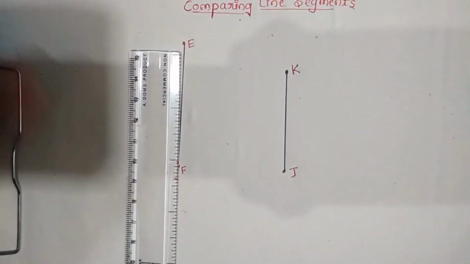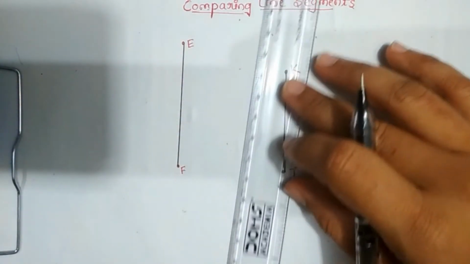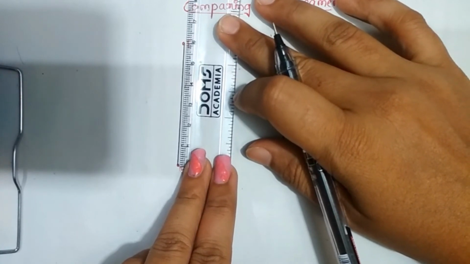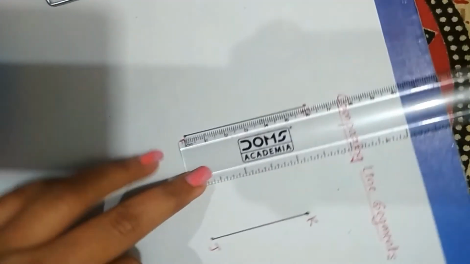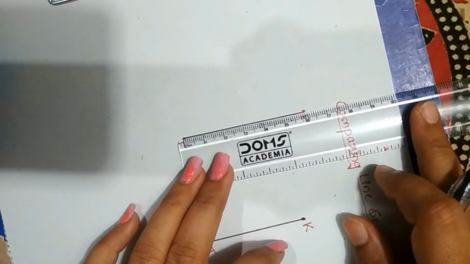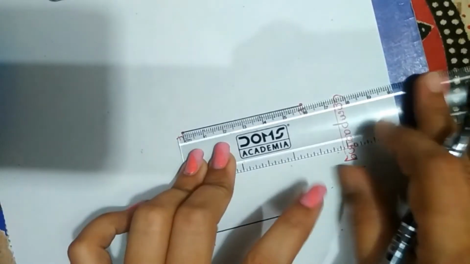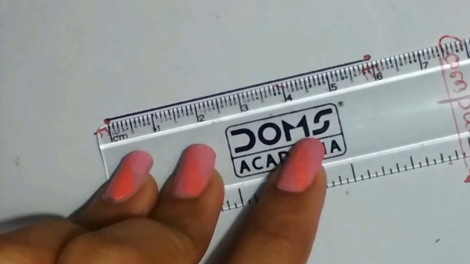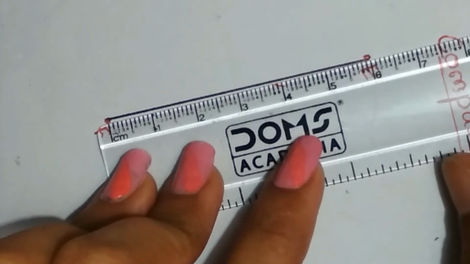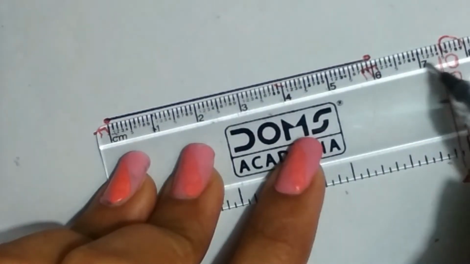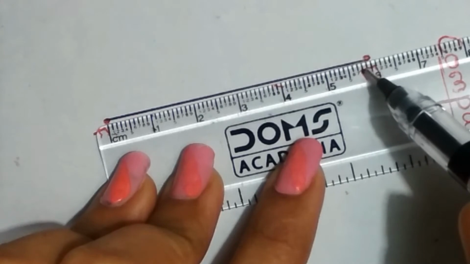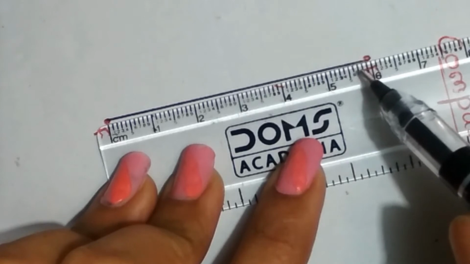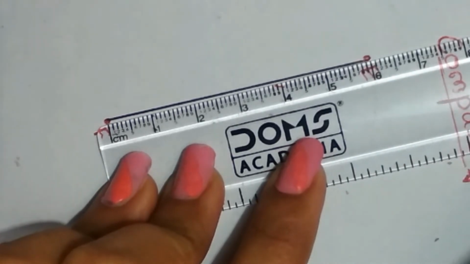As we already learned how to measure the line segments, we will measure those line segments and write their measurements. Here the first line segment, that is EF, you can see now clearly, from F till E, it is exactly after 5, how many lines you can see, that is 5.9.